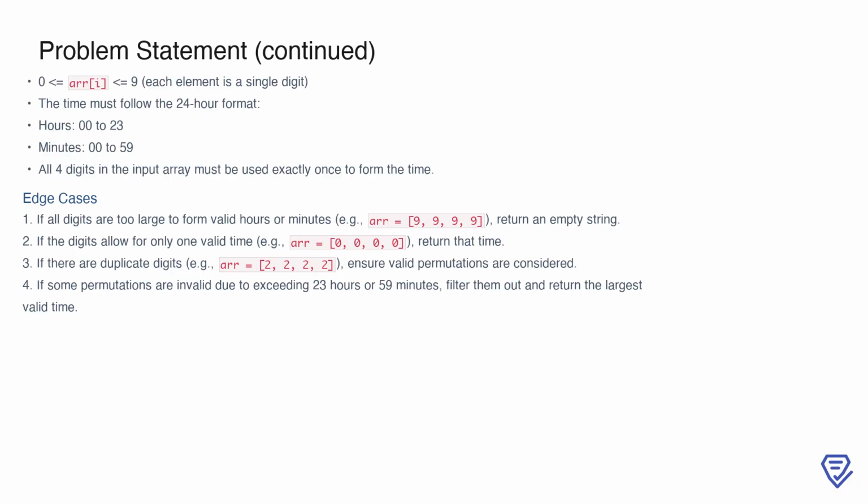If the digits allow for only one valid time, such as 0000, you return that time. If the input contains duplicate digits, like 2222, ensure all valid permutations are considered. Lastly, when some permutations are invalid because they exceed the allowed range for hours or minutes, filter them out and return the largest valid time from the remaining options.